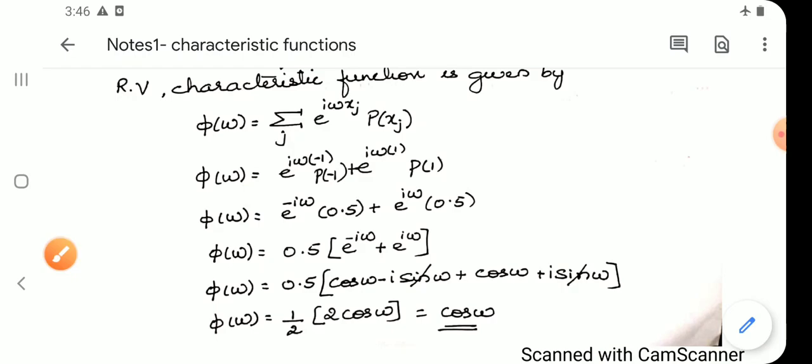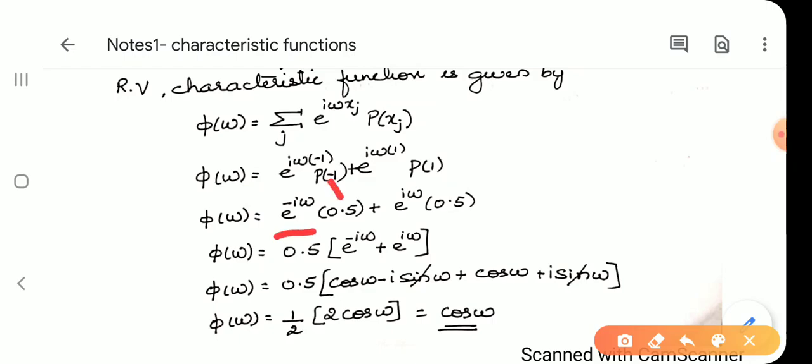So, simplifying this, we get e to the power minus I omega, the value of p of minus 1 is 0.5. E power I omega, the value of p of 1 is again 0.5. 0.5 is common in both the terms.